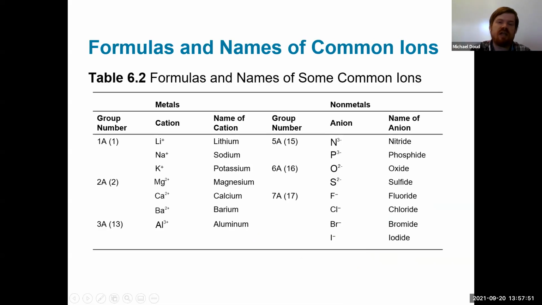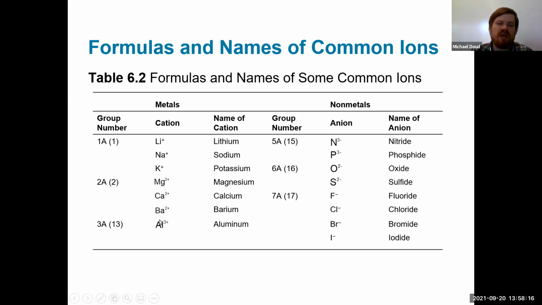Okay, so just to give you an idea of these common ion names, for the cations, the metals that is, when we name the cation, it's the same name as the element followed by ion. So the lithium plus ion is just called the lithium ion. Sodium plus is called the sodium ion. Potassium with a +1 charge is potassium ion.